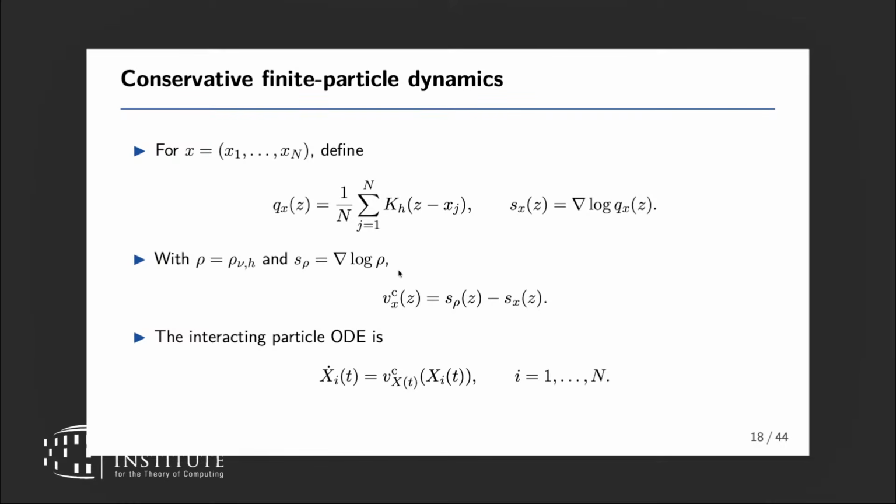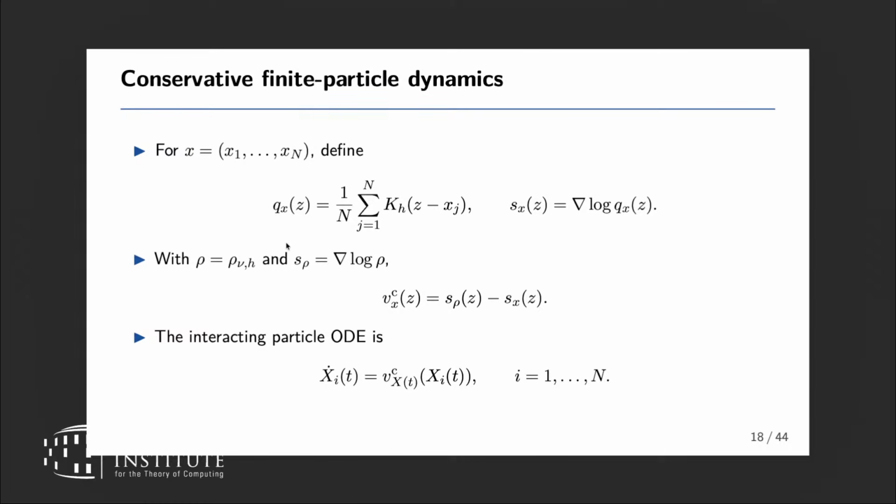Consider x1 up to xn to be your particles, and you define your q as the KDE with the kernel k and bandwidth h. For a particular point z, it's just the convolution of the kernel with the empirical measure of these points, and then you define the score of q as the grad log of this thing.